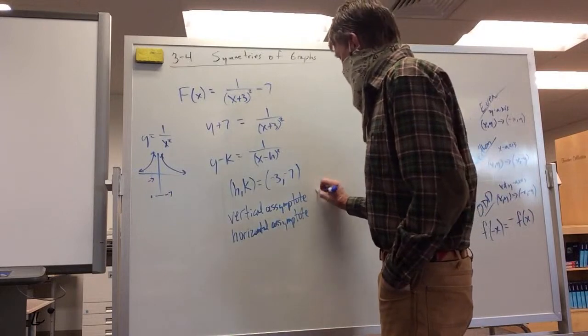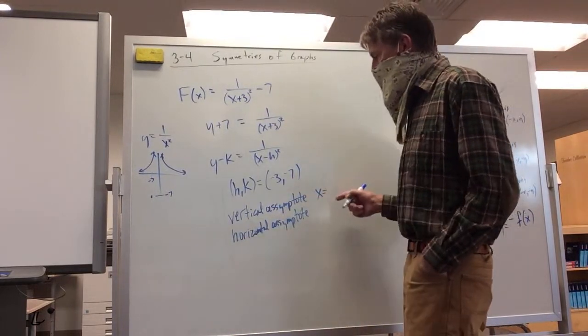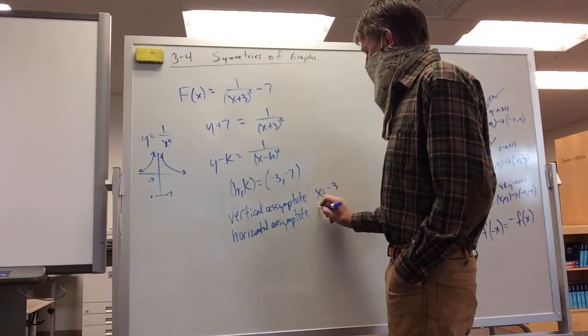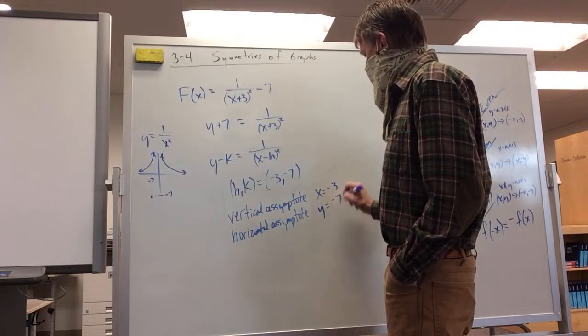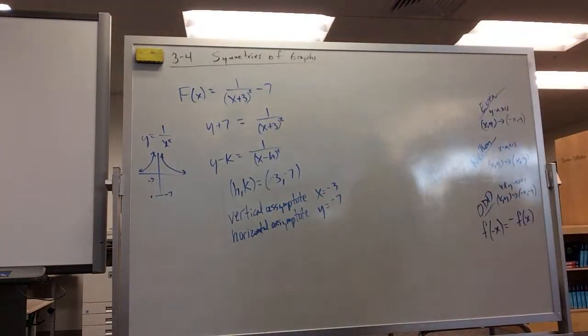Vertical line is x. So, x equals -3. And then the y will be y equals -7. You're welcome to graph and check, but that's how it works. I wouldn't graph it, if you can do this.